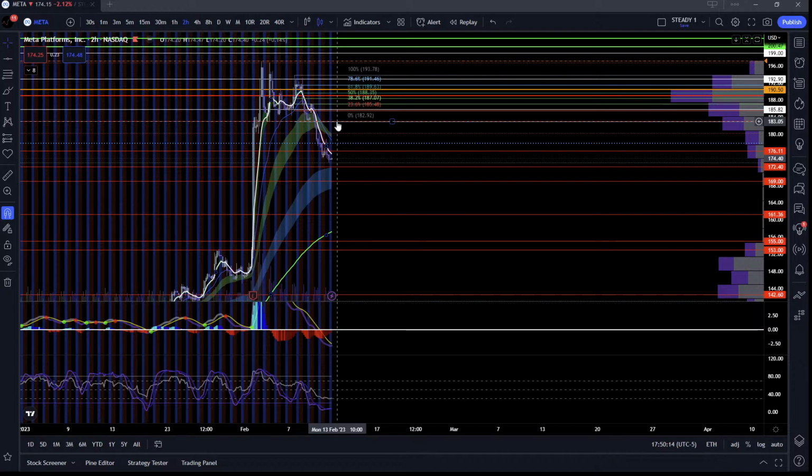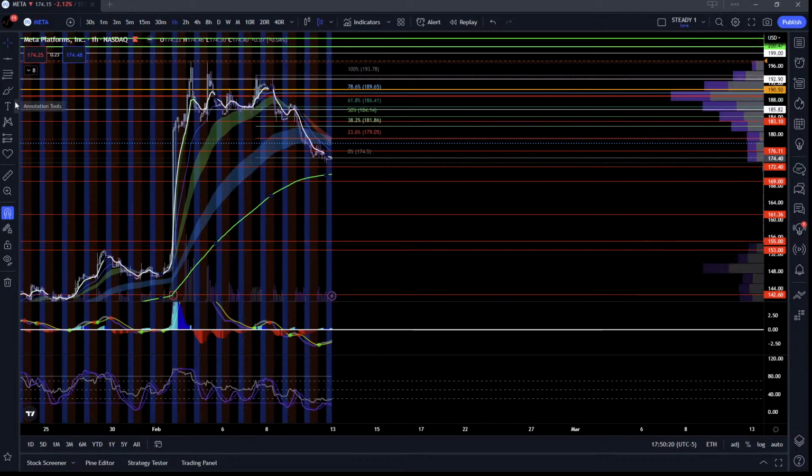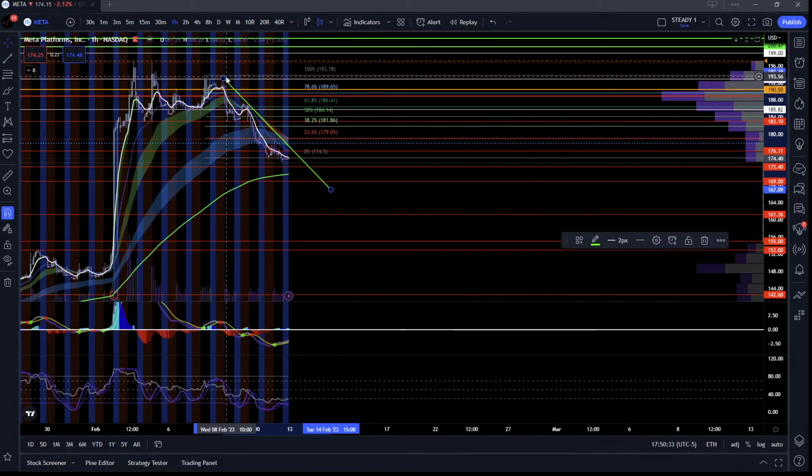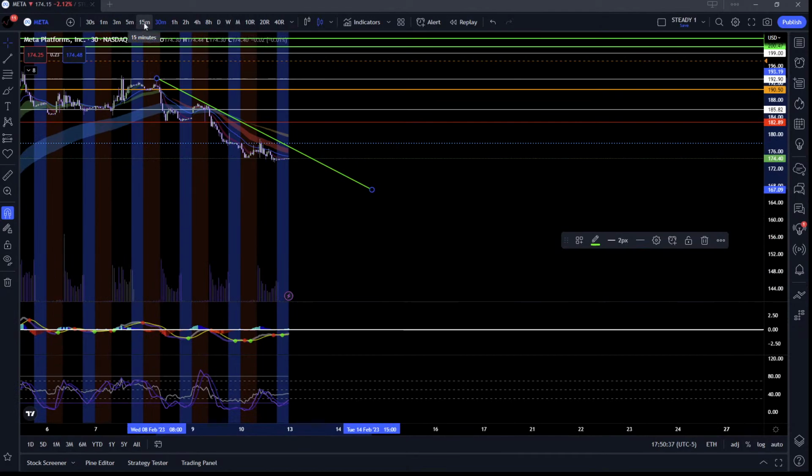To get into anything on Meta right now, I would want to wait for those points of interest areas that I mentioned, personally speaking. It's not relatively clean, but let's see if this could be potentially used. Not 100% clean, so I don't know how well this one will work out, but if you draw a trend line from the 1-hour, let me see how well it's respected on 30-minute.